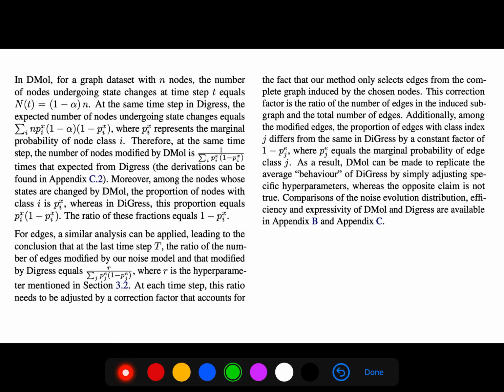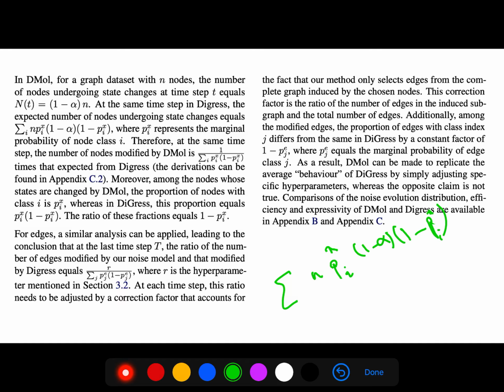So in DMol, the number of nodes undergoing state change at time t equals n times (1 minus alpha of t). At the same time step in DiGress, the expected number of nodes undergoing state changes equals this summation over classes, because you have a marginal probability of node class i here, then we have 1 minus alpha times (1 minus pi x).